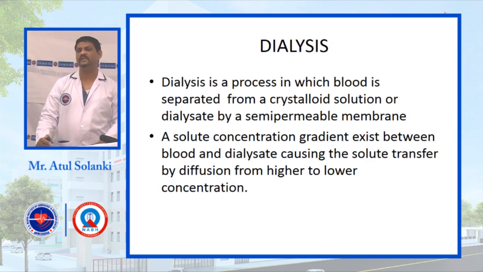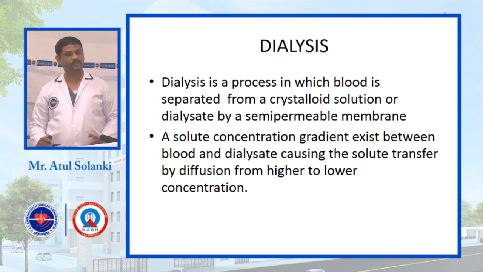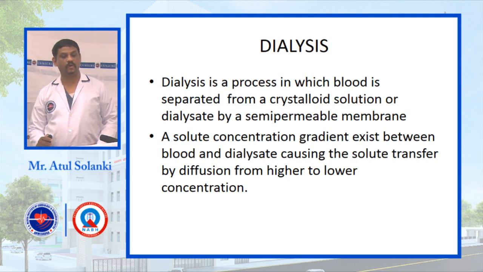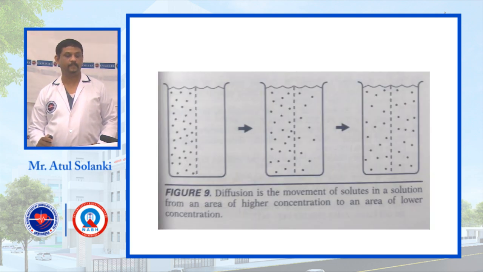Now we talk about dialysis. What is the difference between ultrafiltration and dialysis? Dialysis is a process in which blood is separated from a crystalloid solution, or dialysate, by a semi-permeable membrane. A solute concentration gradient exists between blood and dialysate, causing solute transfer by diffusion from higher to lower concentration.